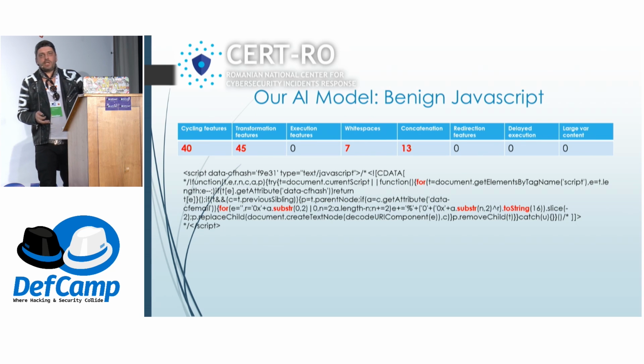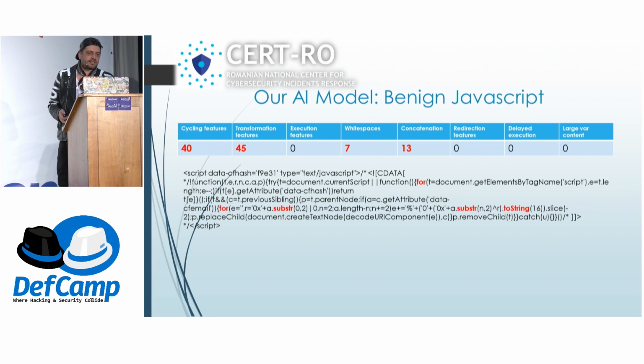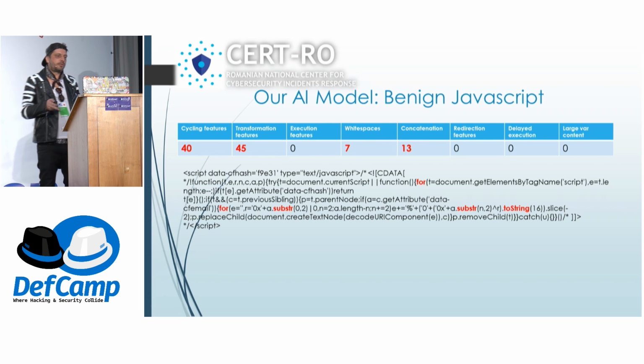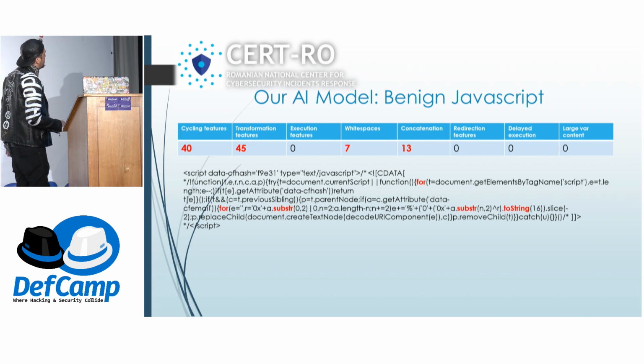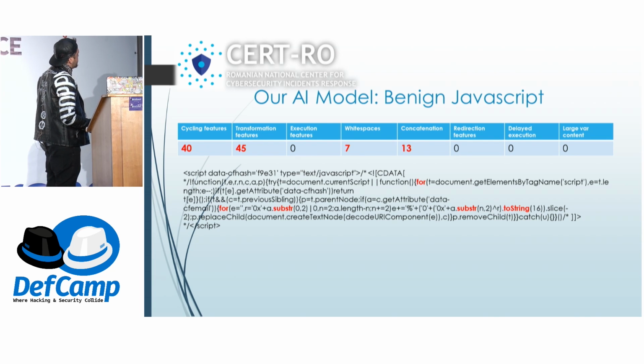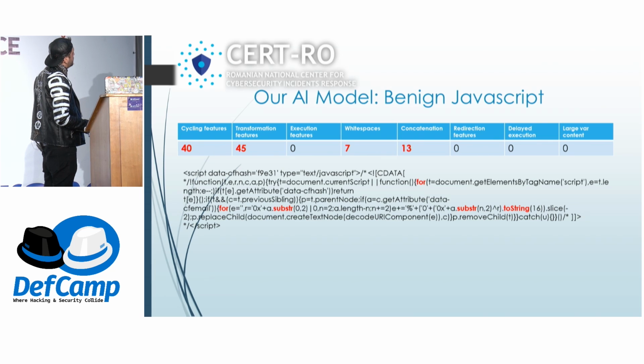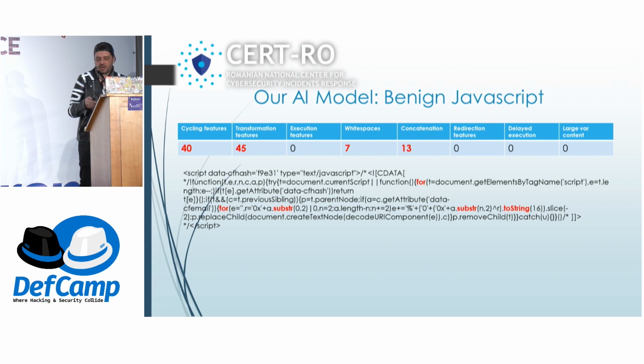So we ran a benign script through our system. This is the score it got. As you can see here, it has cycling features, it has transformation features, but 0 execution features, 0 redirection features. It has white spaces. So this would not raise any alarms.